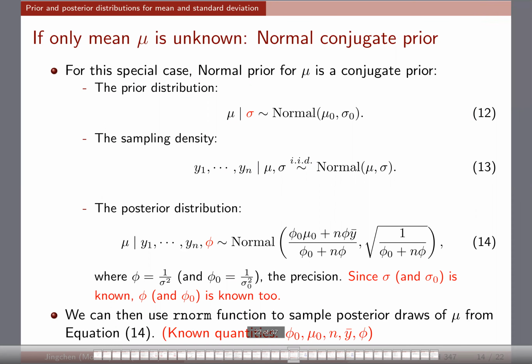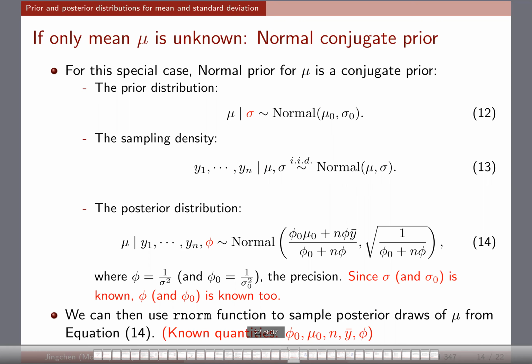And that gave us the flexibility of treating everything related to sigma as a constant. And of course, in the end, we were using phi, which is the precision, which is 1 over variance, to facilitate the derivation. But if you want, you can keep it as sigma squared and do the rest, that's fine.